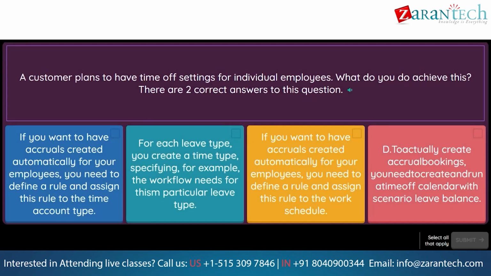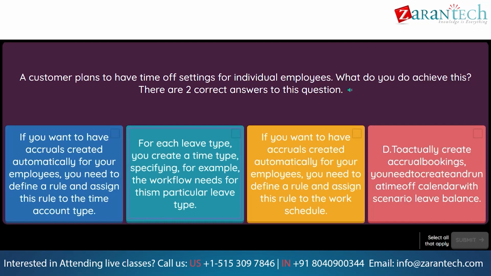Question: A customer plans to have time off settings for individual employees. What do you do to achieve this? There are 2 correct answers to this question. Option 1 If you want to have accruals created automatically for your employees, you need to define a rule and assign this rule to the time account type.